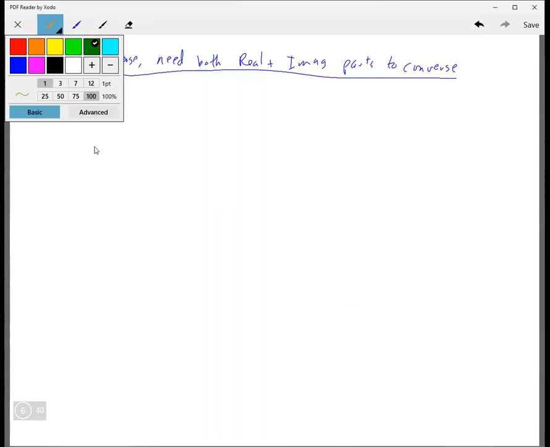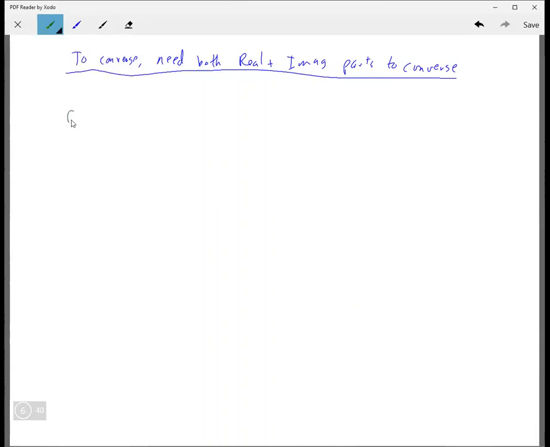For example, let me take a sub n equals 1 over n plus i times 1/2 to the n. This one is going to converge.